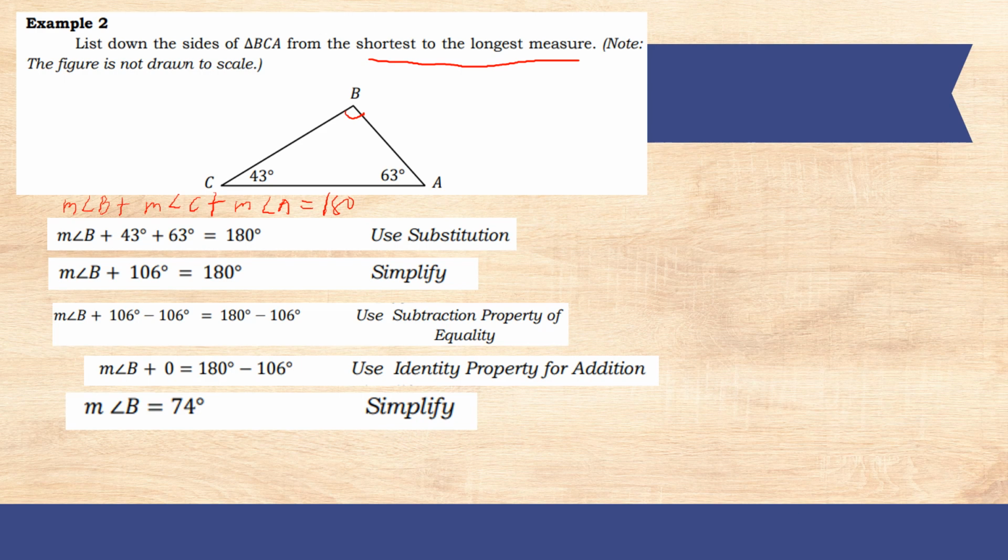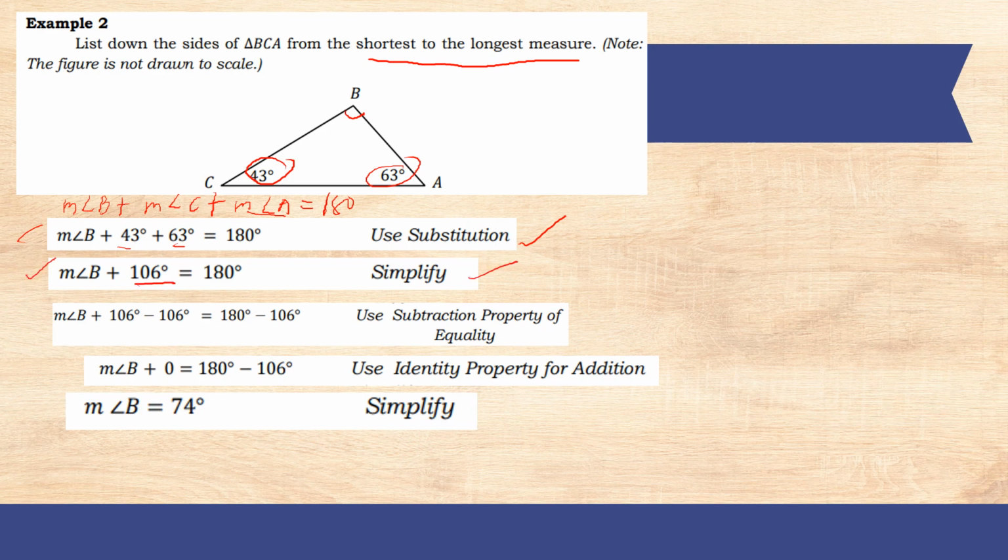Now, by substitution, we'll have the measure of angle B plus 43 degrees plus 63 degrees equals 180. Simplifying 43 plus 63 will give us 106.